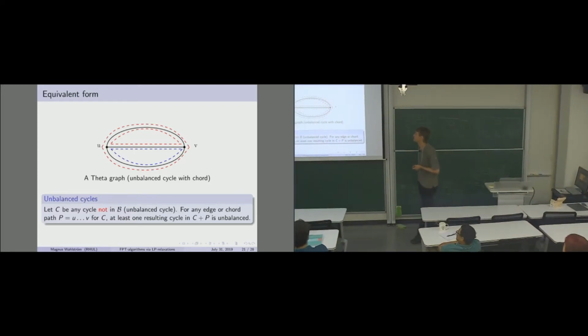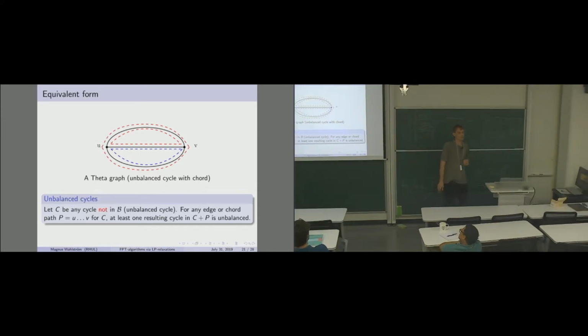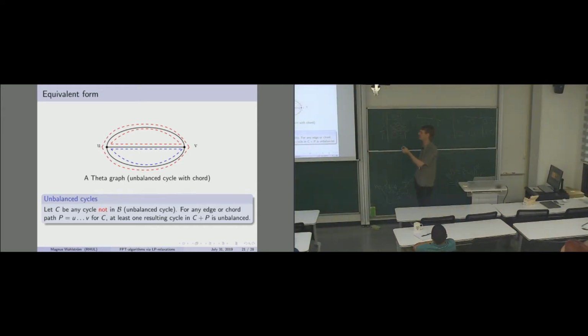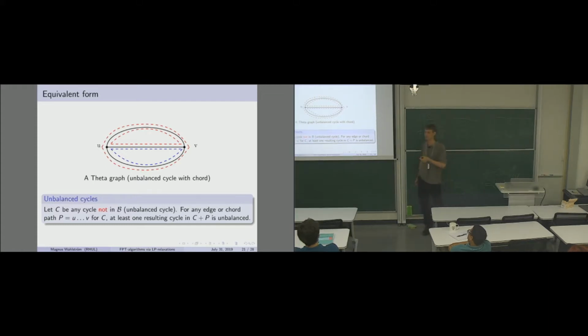And for example, in this formulation, you can think of the red cycles as having odd length. So if the red cycle is odd length and you draw any chord or chord path, you cannot split an odd cycle into 2 even cycles. One of these has to be not even.